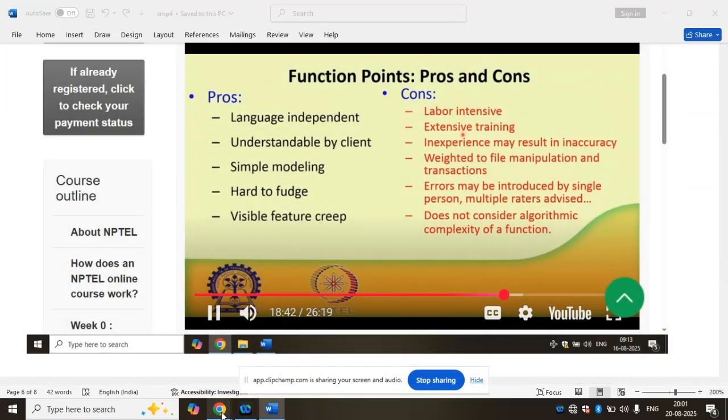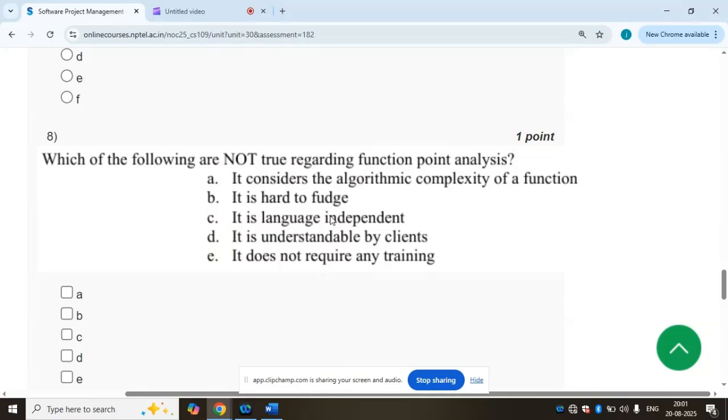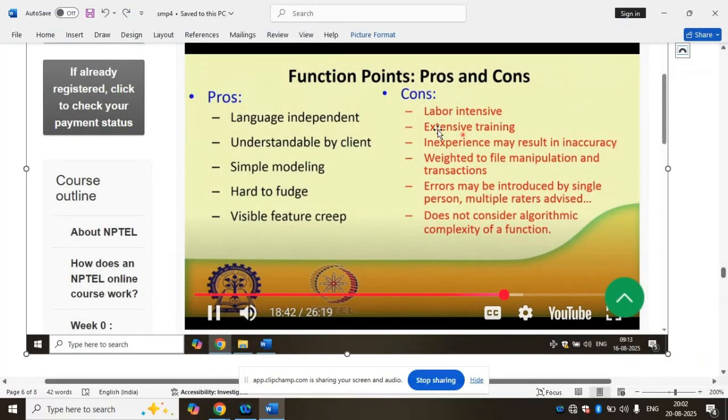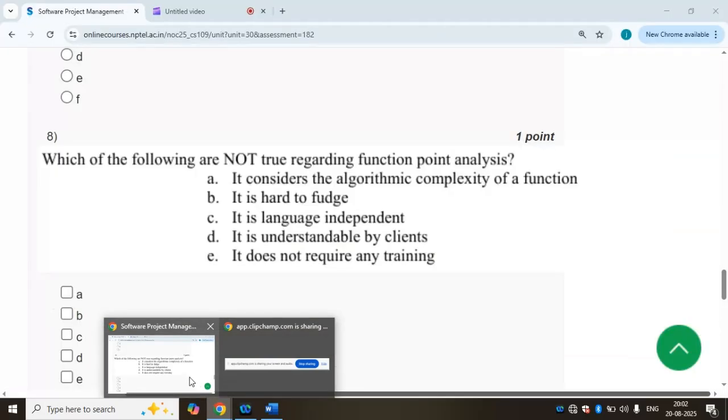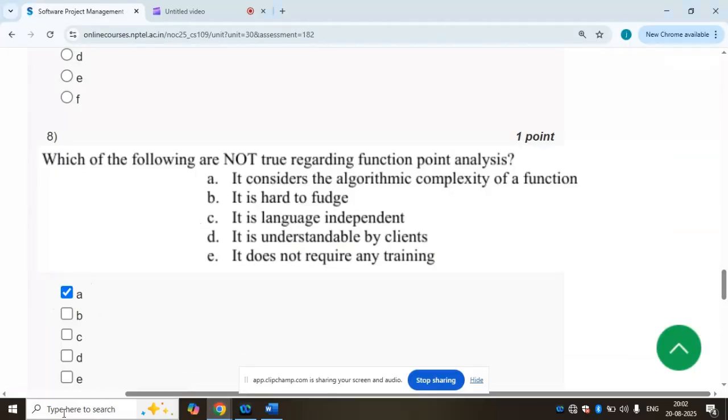So option A, it considers algorithmic complexity of a function. It is false. It does not require any training. You can see here it requires extensive training. Extensive training, and it does not consider algorithmic complexity of a function. So these two, option A and option E.